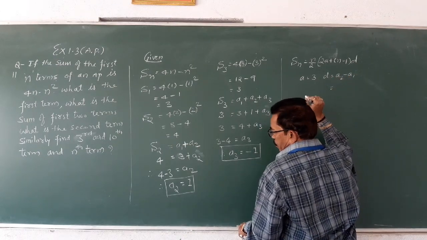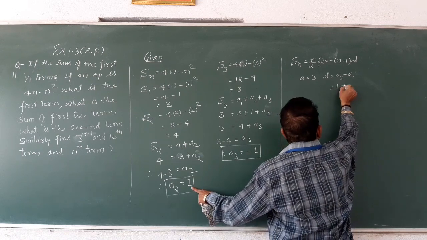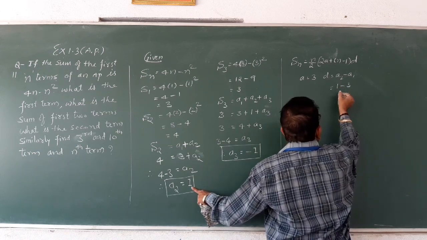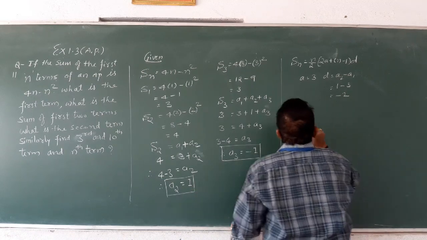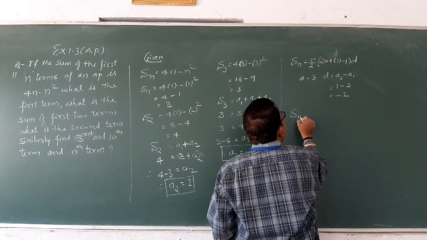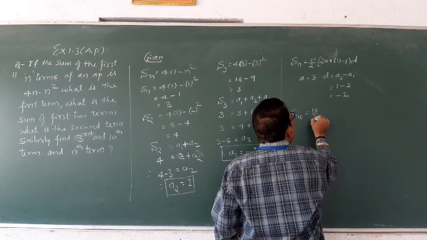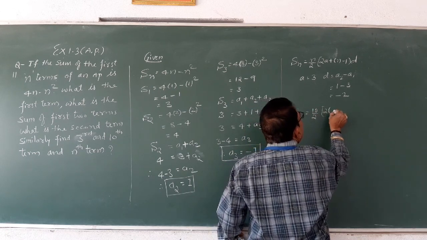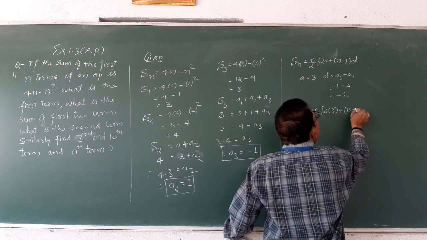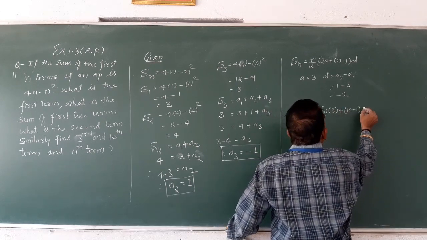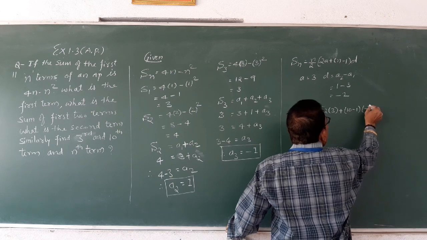That is A2 is 1, A1 is 3, so minus 2. So, S10 equals 10 by 2 in the big bracket 2 of 3 plus n minus 1, 10 minus 1 into d, that is minus 2.